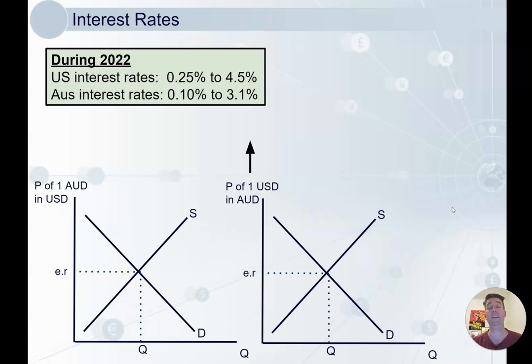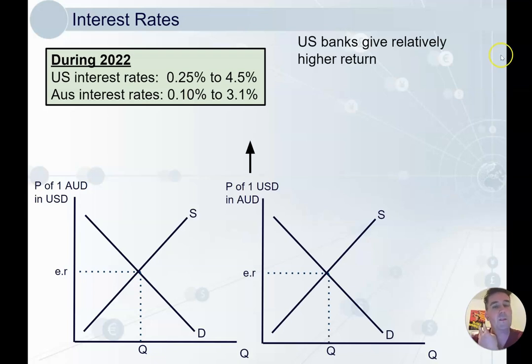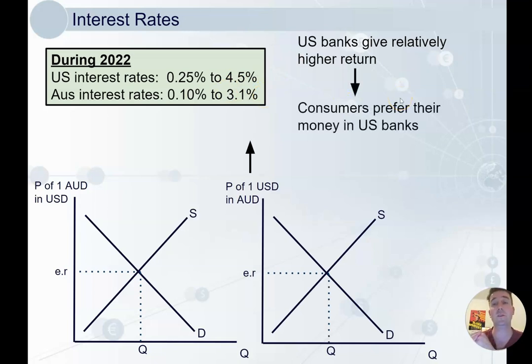Interest rates. So this happened in 2022. US interest rates went up from 0.25 to 4.5, whereas Australia's only went up from 0.1 to 3.1. What does that mean? US banks give a relatively higher return, right? So the returns on US savings have gone up a lot compared to the return on Australian savings. So therefore, some consumers, and a significant amount where it does make this difference, prefer to put their money in US banks.